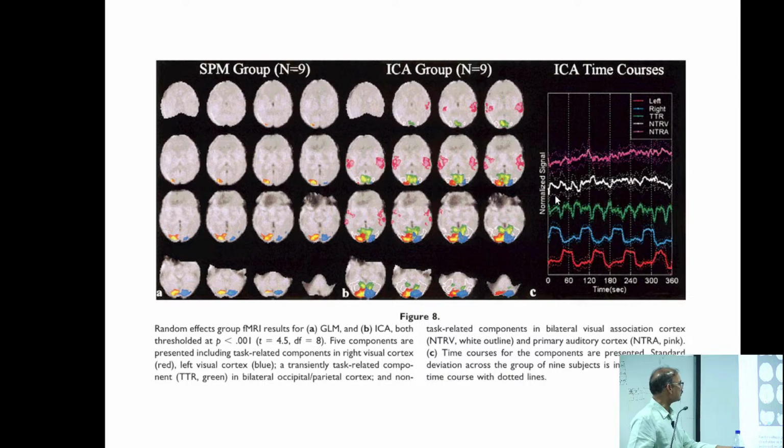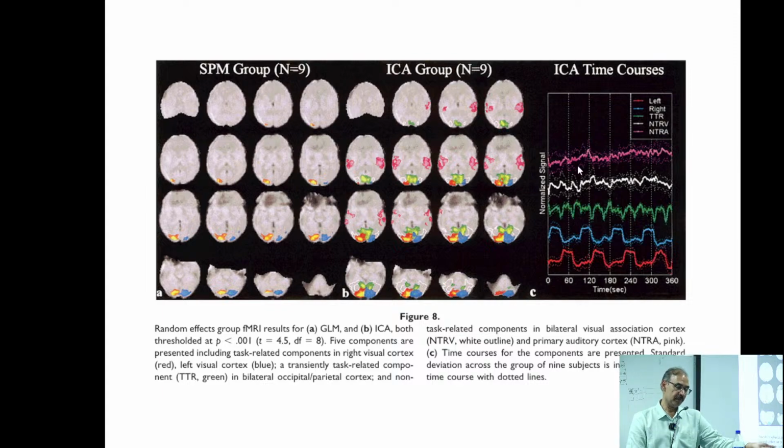So this is from 9 subjects, and then you can find the temporal components for any given subject, and this is how it looks. These are the two paradigms; the third, fourth, and fifth are most likely noise sources. It could be related to head motion or respiration and so on, right?